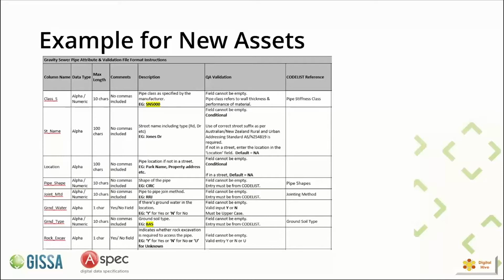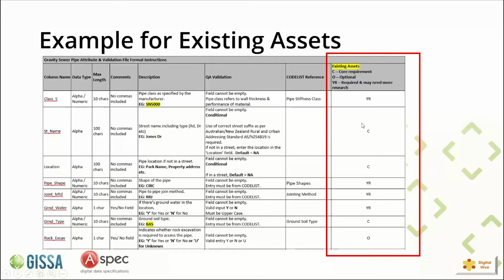It's pretty simple. It's no different to any of the other specifications. Now, when we look at the one for the existing assets, there's an additional column, and you'll see that we've got the three categories: core, required, optional, and may need more research. And as you can see, we've categorized every attribute.